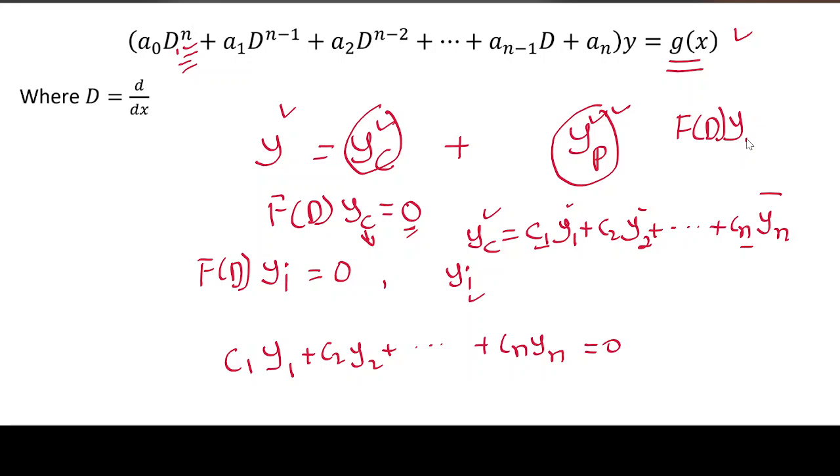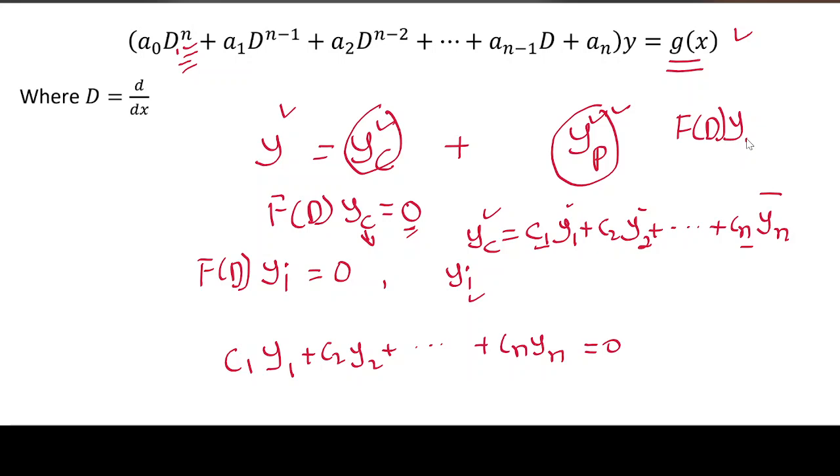Now coming to the linear differential equation, that is f of D into y is equal to g of x. This is classified into two types. One is called homogeneous, and the second one is called non-homogeneous differential equation. In the homogeneous differential equation, the function g of x, which we call the force function, is equal to 0.